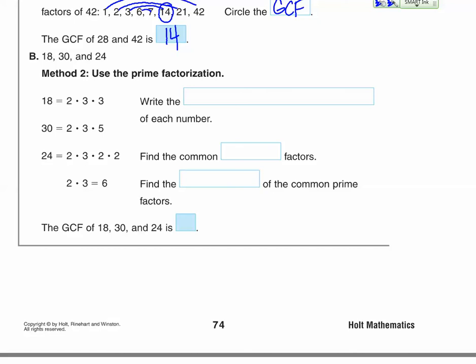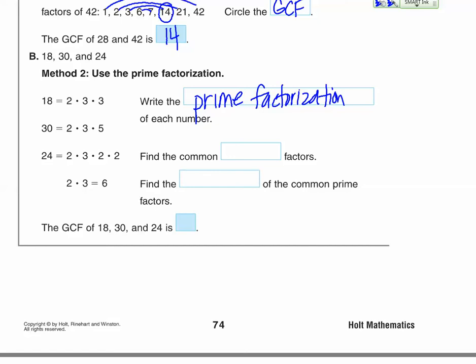Now one way you may do this is maybe like a factor tree. So do what you feel most appropriate for. I'm not going to show you how to do the prime factorization on here, but talk a little bit about the method. So what we're going to do is first write the prime factorization of each number.